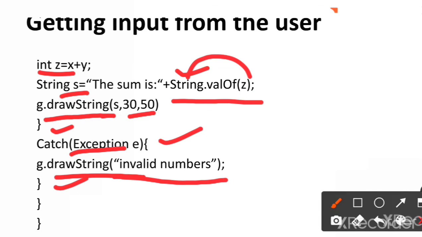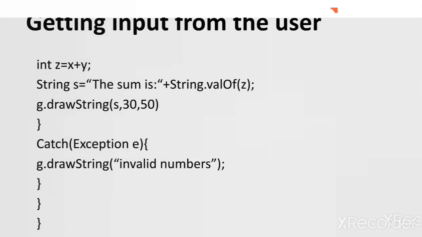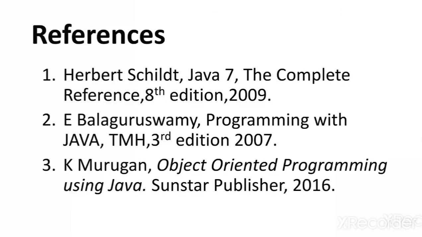The catch block is closed, the paint method is closed, and the applet class is closed. So this is the program that illustrates how to read values from the user using text boxes.